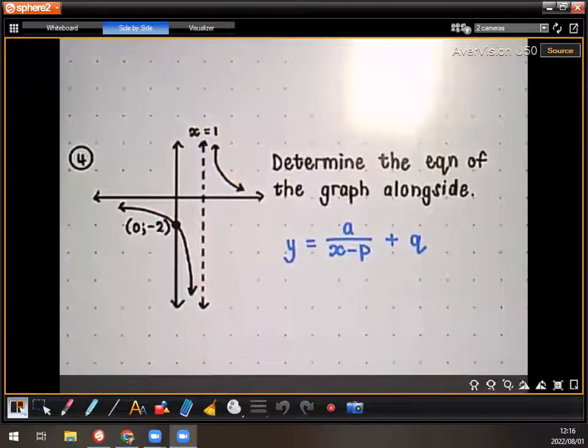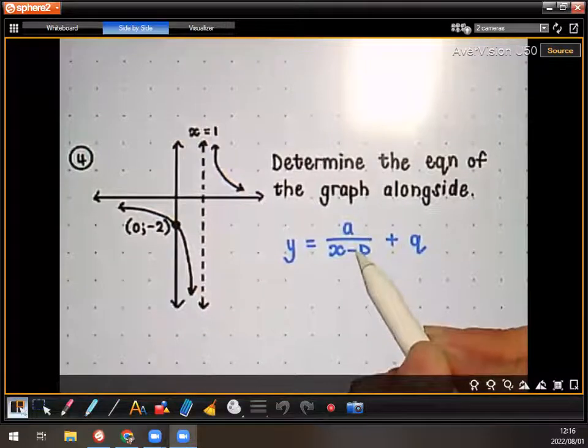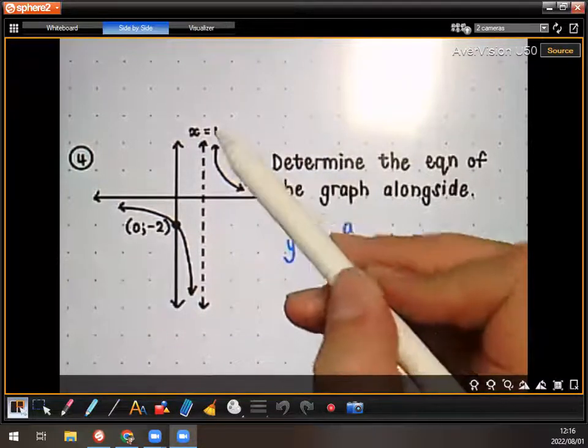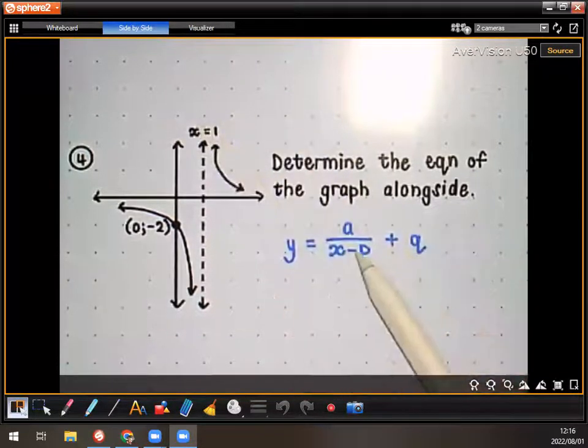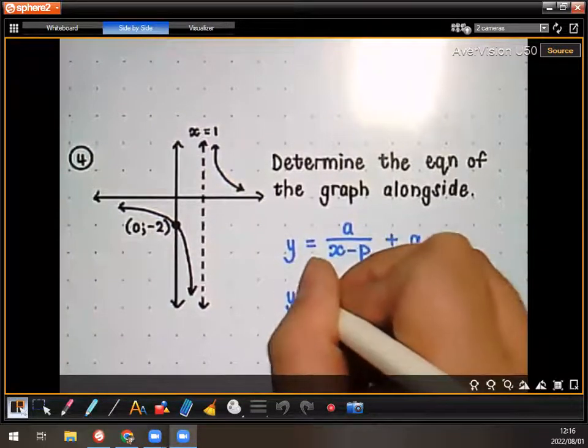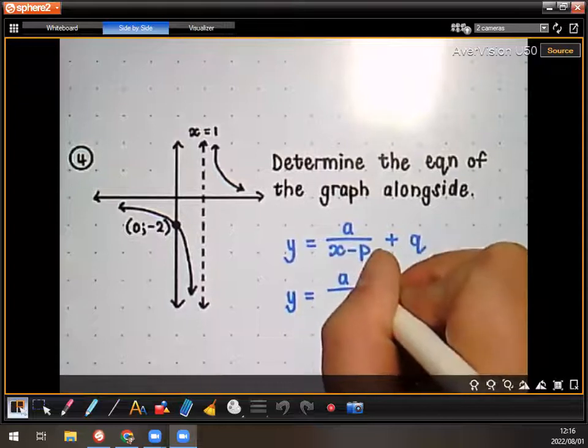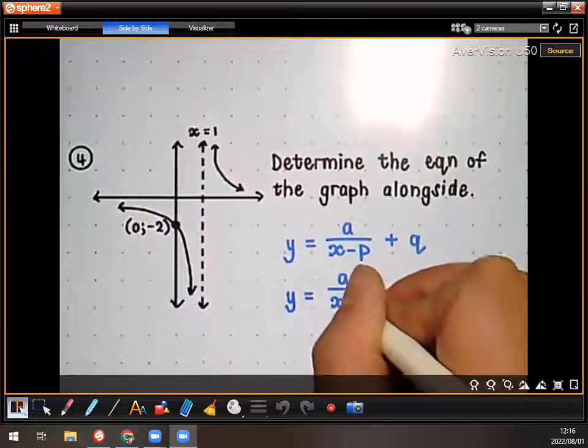Did they give us the x asymptote? Yes, x equals 1. So I'm going to write x minus 1, because this is positive 1 in the equation, it has to read x minus 1. And so we're going to say y is equal to a over x minus 1.